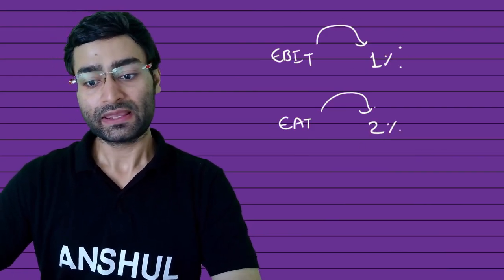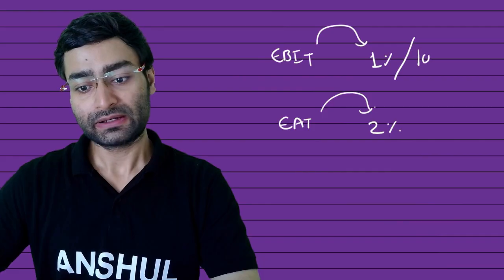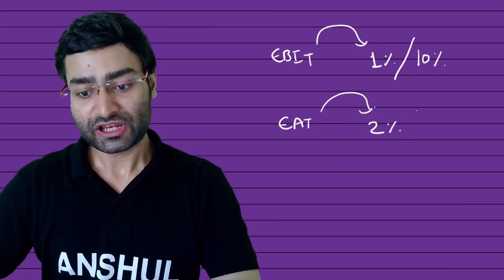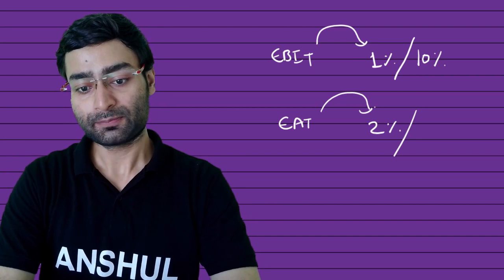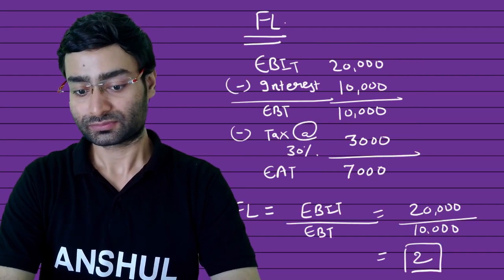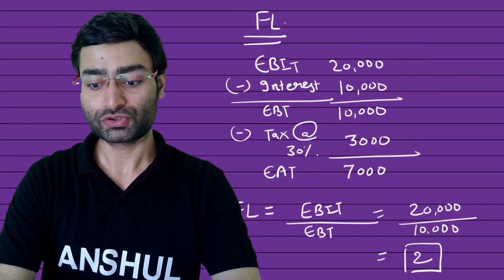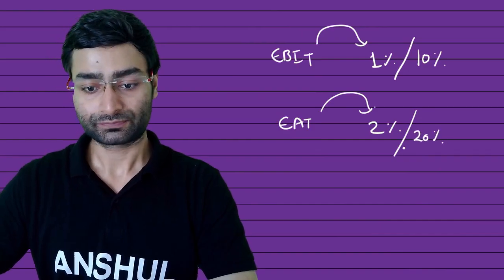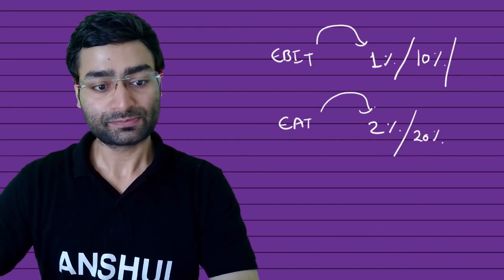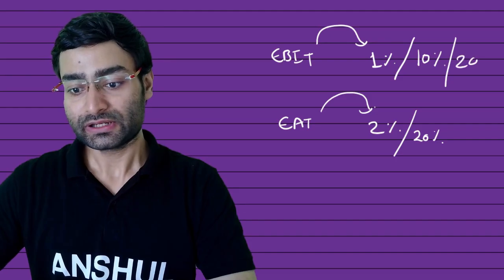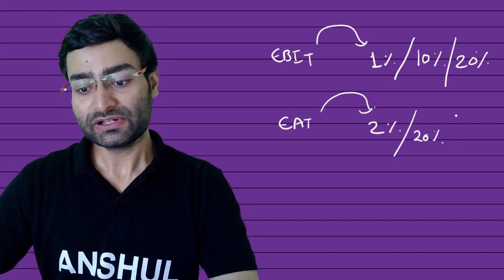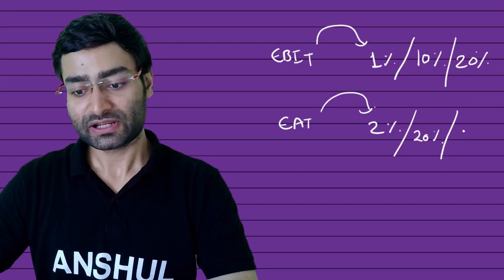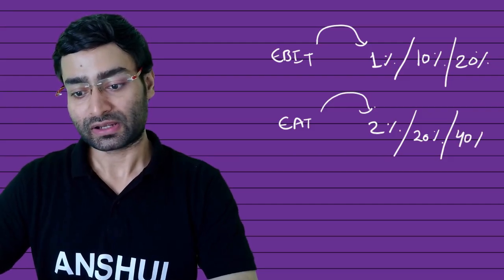If my EBIT changes by 10%, my EAT will change by 10% multiplied by financial leverage, that is 20%. If my EBIT changes by 20%, my EAT will change by 20 multiplied by 2, that is 40%.